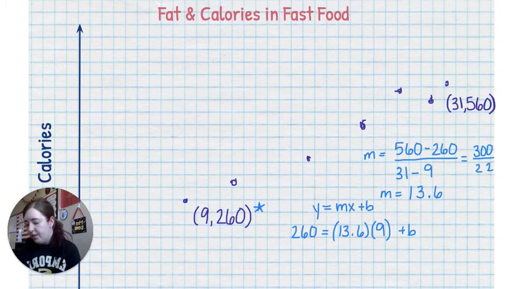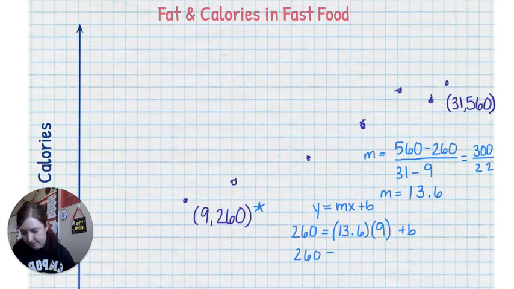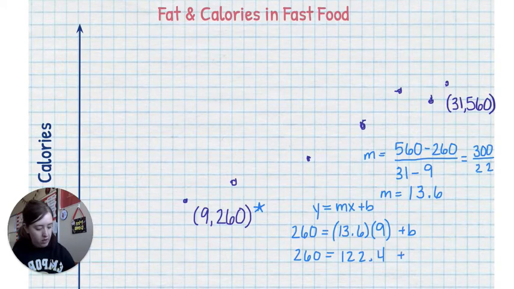Now I'm solving. We take 13.6 times 9, which is 122.4, and then 260 minus 122.4, and we end up with 137.6 for b.